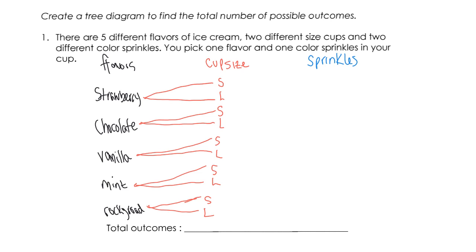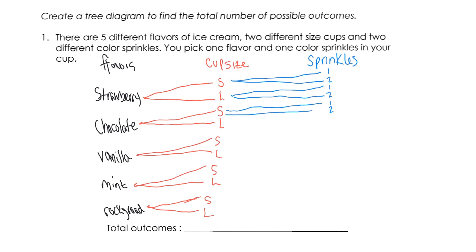Okay, so we have sprinkles 1 and 2. For strawberry small, sprinkles 1, 2. For strawberry large, sprinkles 1, 2. For chocolate small, we have 1, 2. For chocolate large, 1, 2.